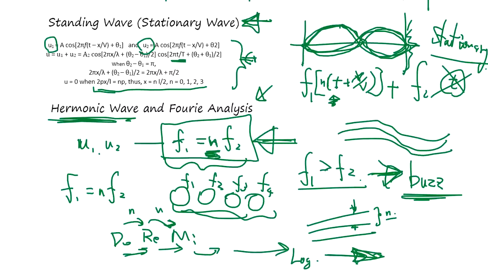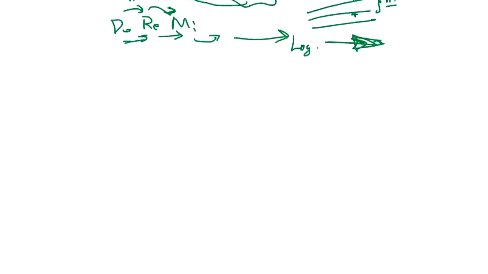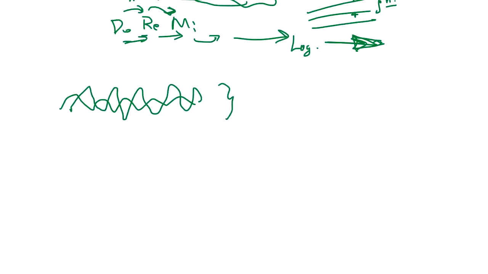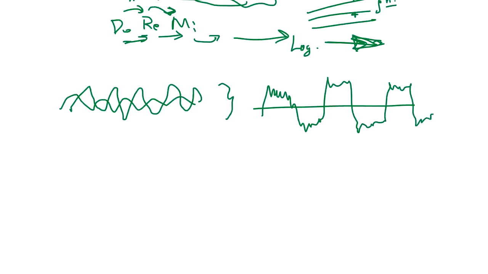Okay, so this harmonic wave is very important, because using Fourier analysis we can tell that if multiple harmonic sounds are added up, then it creates one nice, clean sound, and that's very comfortable to the human ear.